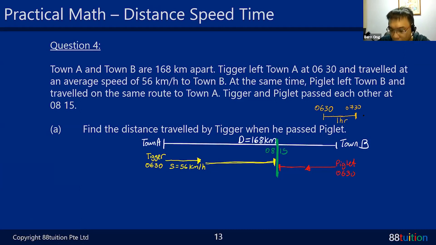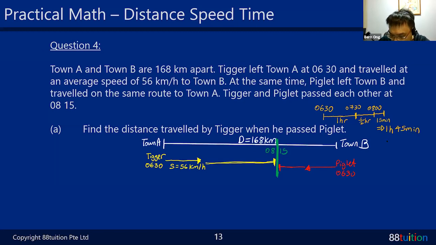But it's until 8:15, so another half an hour will be 8 o'clock. 8 o'clock is not enough, we need 8:15, so another 15 minutes. So the total is 1 hour and 45 minutes.